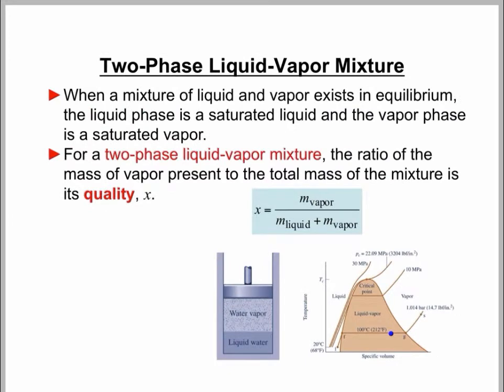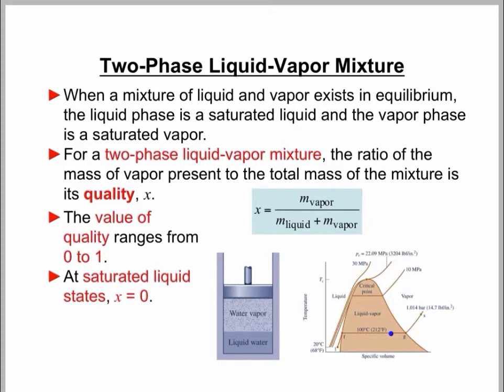How do you calculate what the quality is? The quality is almost universally identified with the variable x, and you can calculate it in several ways. One way is the mass of the vapor relative to the total mass, which would be the mass of the liquid plus the mass of the vapor.